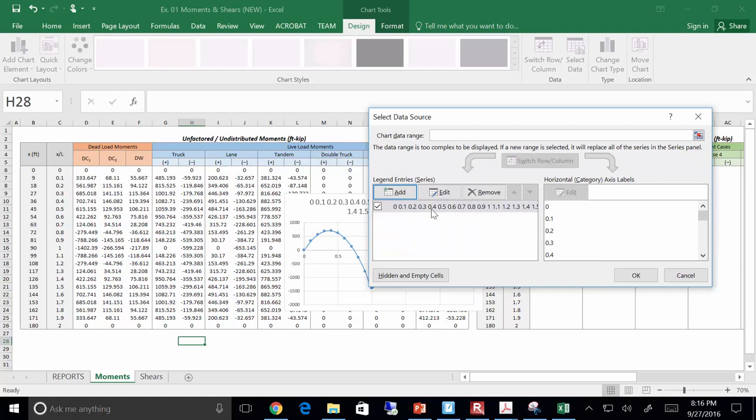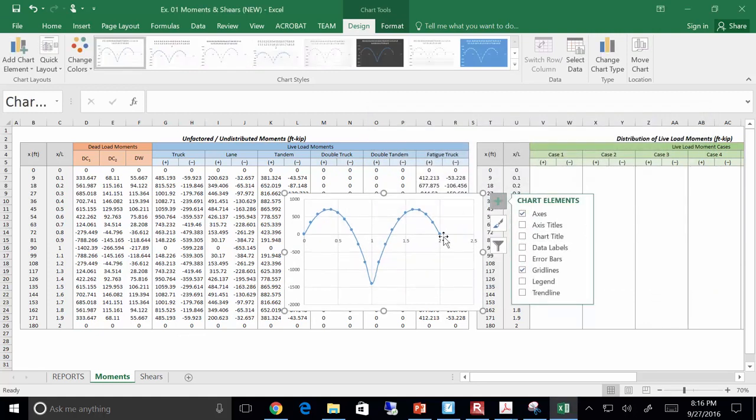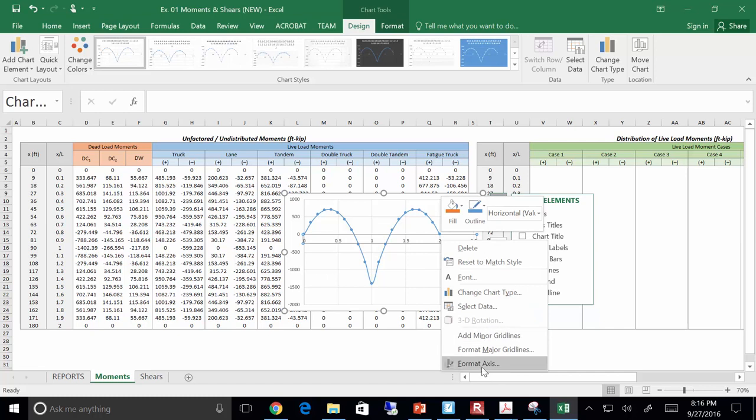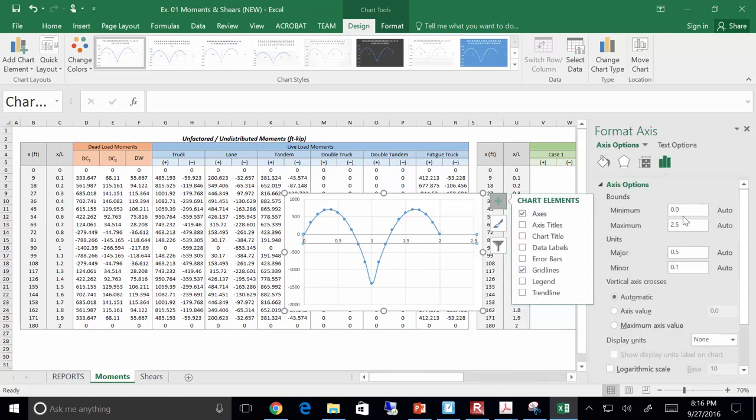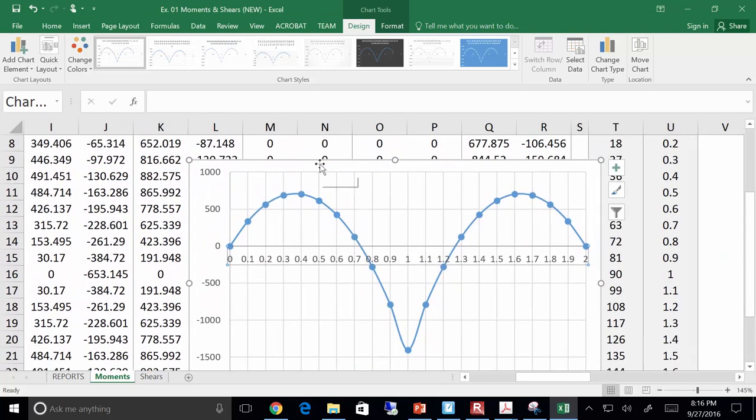And hit OK. Let me take that title off. I'm going to format that axis to, say, 0 and 2. We'll make that 0.1. Actually look at every one of them. And if you zoom in, you can actually see that the highest moments are at 0.4. See what I mean? So everybody okay with that? Again, what you're looking at is the moment diagram for this section.